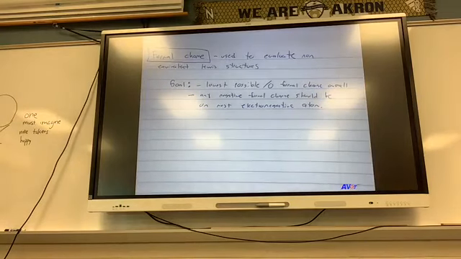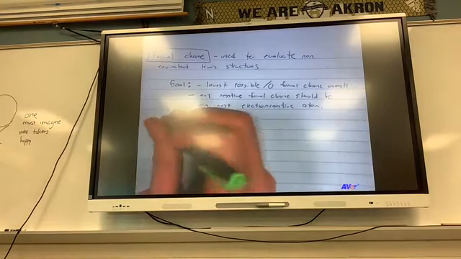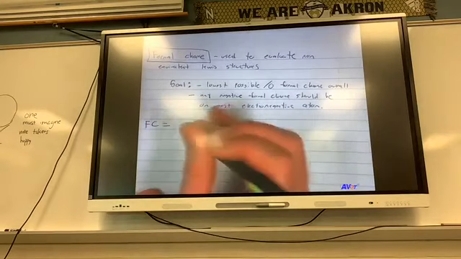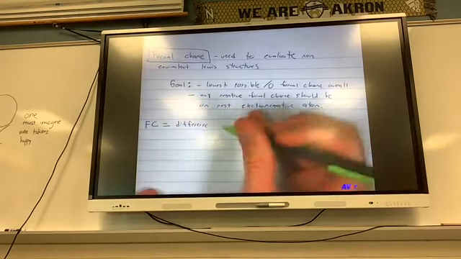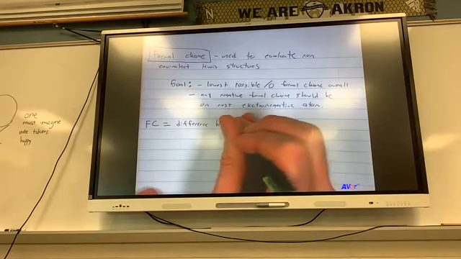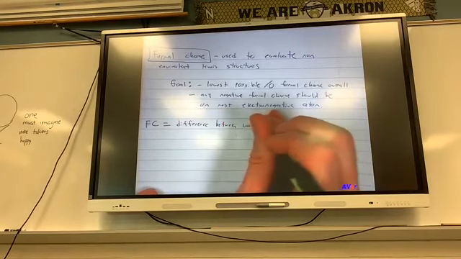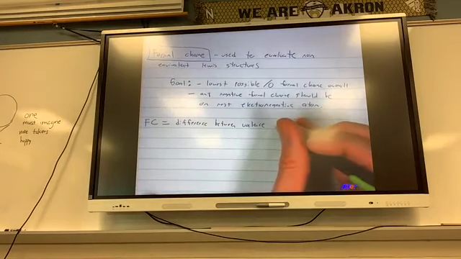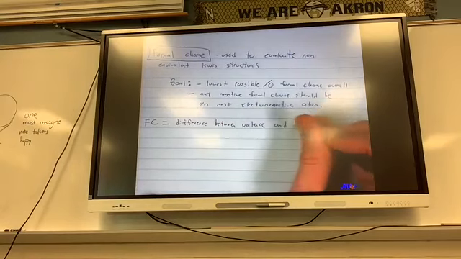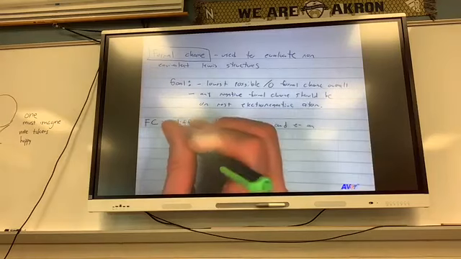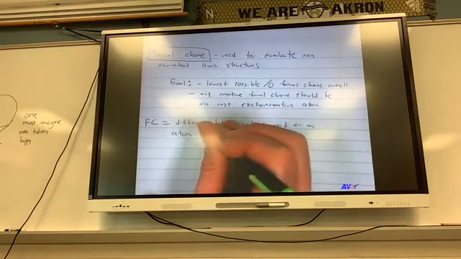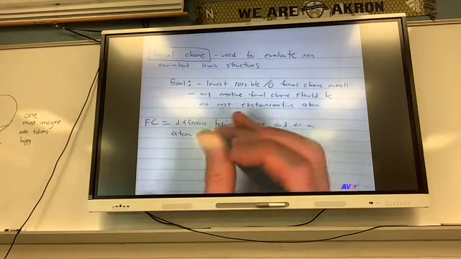And there's a little equation for calculating formal charge. Formal charge is equal to the difference between valence electrons and electrons an atom "owns."